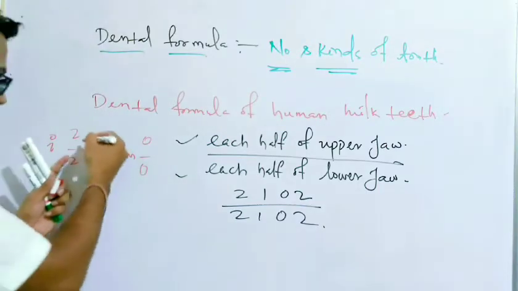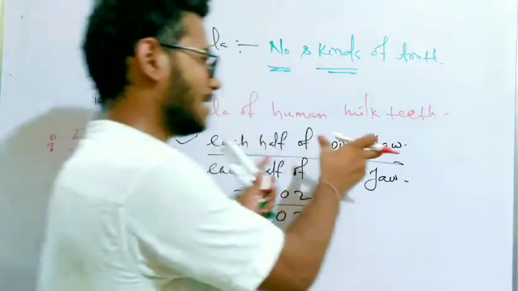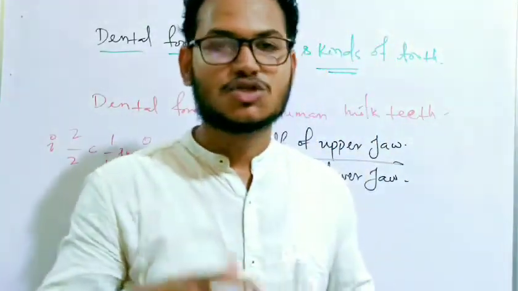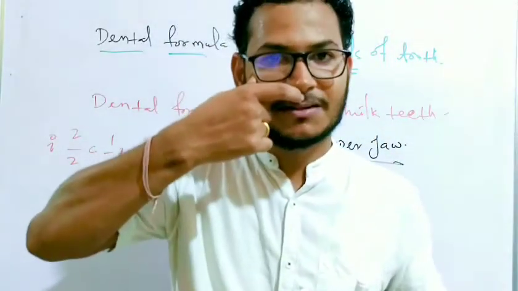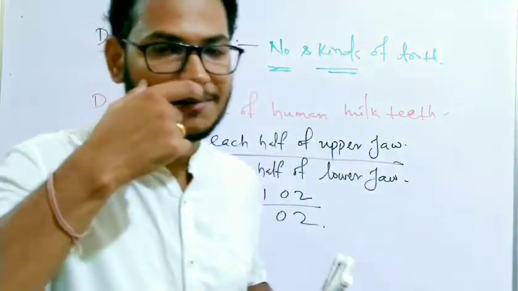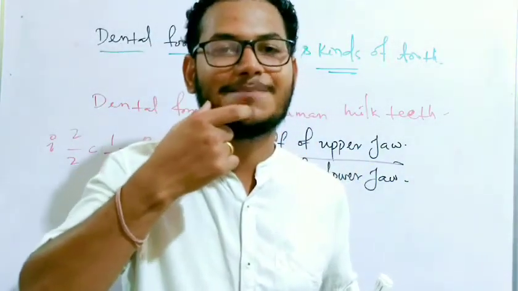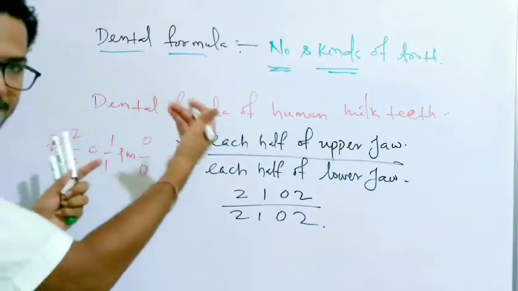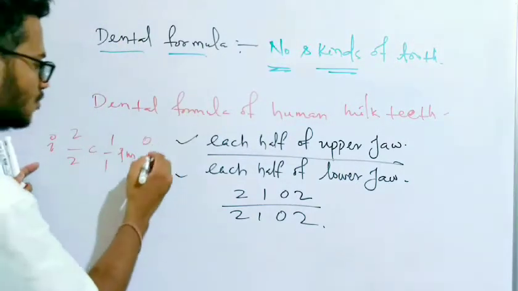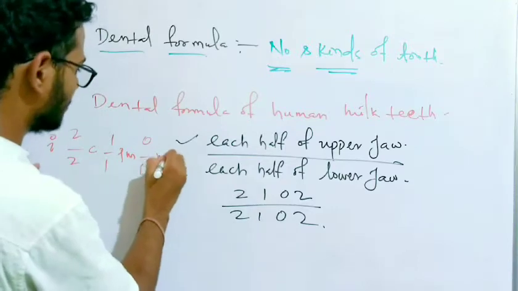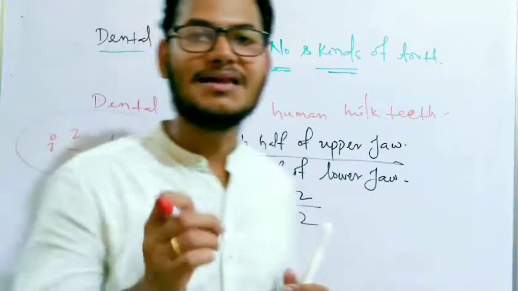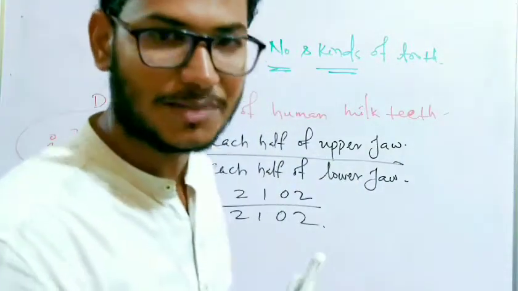The upper part represents each half of the upper jaw, divided by the half present on the lower jaw. So in half of the upper jaw we have 2102, and molars are 2 by 2. So this is the dental formula of milk teeth in case of human.